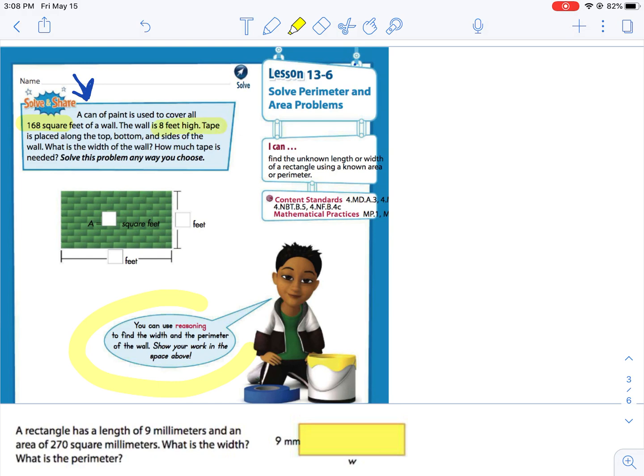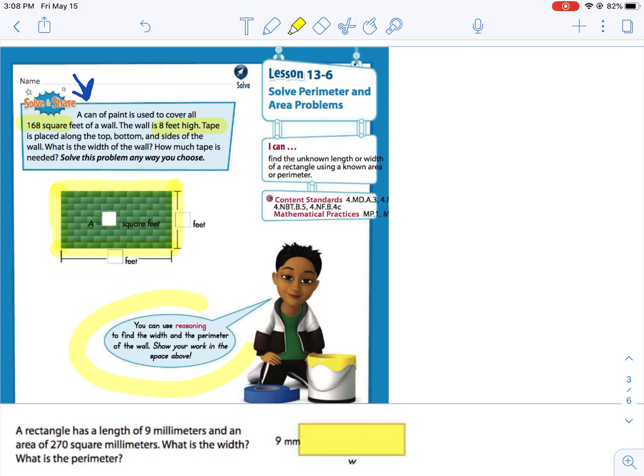And then tape is going to be placed along the top, bottom, and sides of the wall. Hey, that's the perimeter. What is the width of the wall and how much tape?